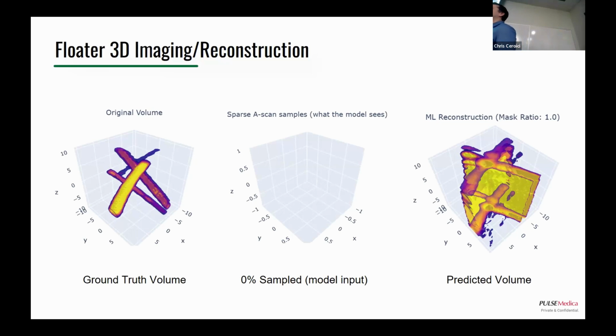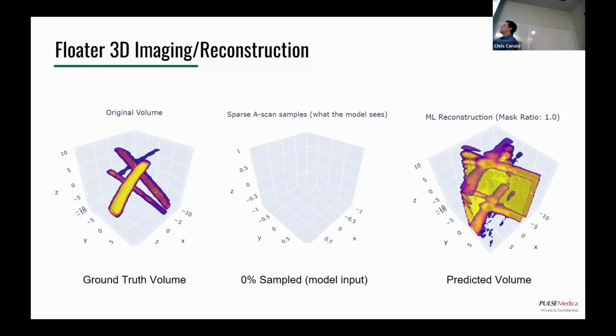And one of the big things that increases the price is the OCT, or 3D imaging system. So if we could build a device that only uses SLO and we can still learn useful characteristics like the distance from the retina or the shape of the floater in 3D, that would be really valuable.